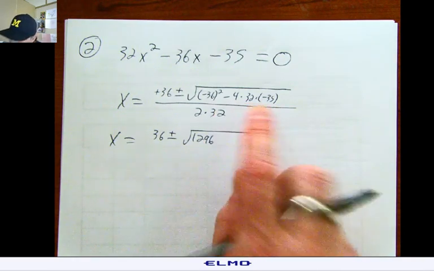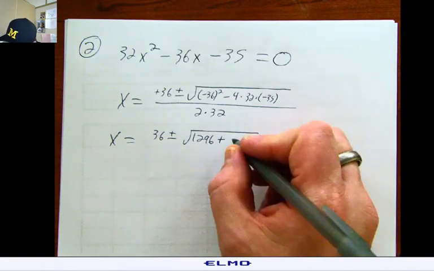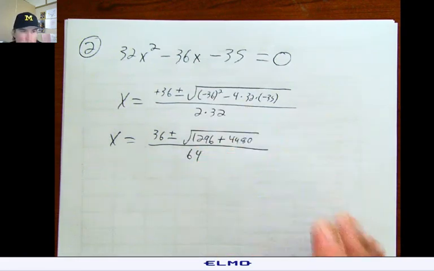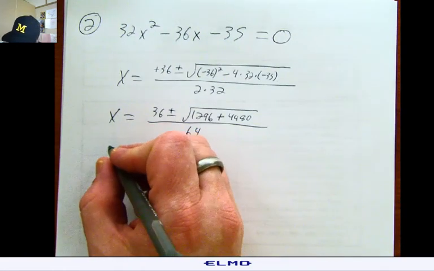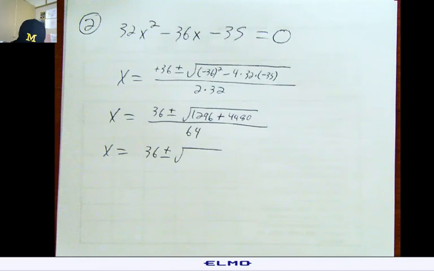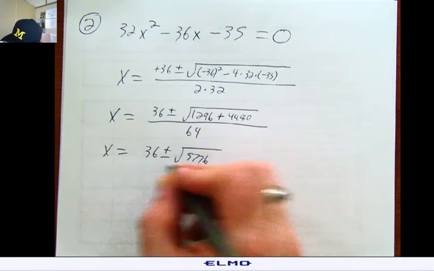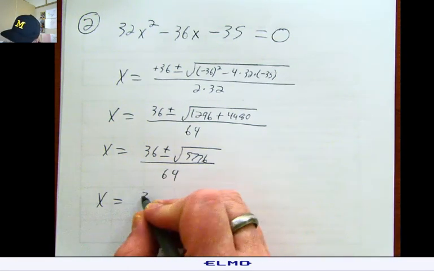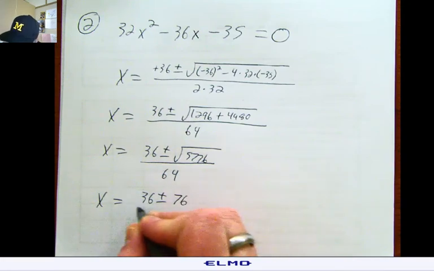There's two negatives in here, so it's going to end up being plus 4480, all over 2 times 32, which is 64. Next, x equals 36 plus or minus the square root of 1296 plus 4480, which is 5776, all over 64, and I bet this one actually has a clean square root. It does: 76, of course. So 36 plus or minus 76 all over 64.